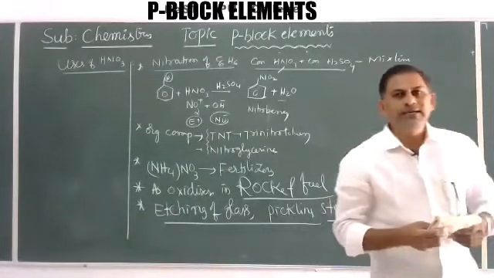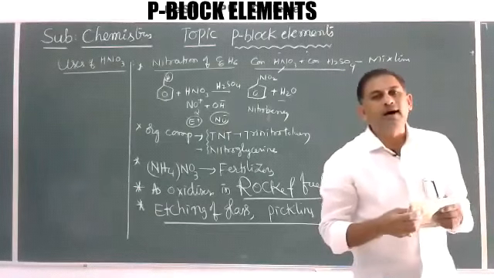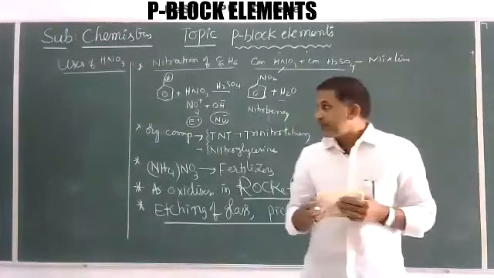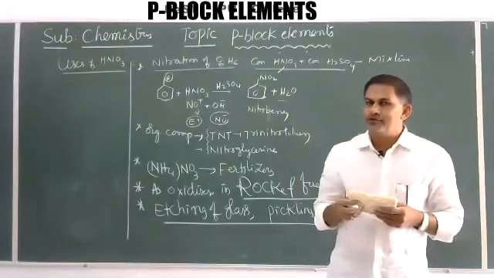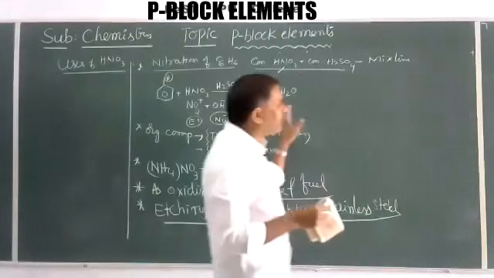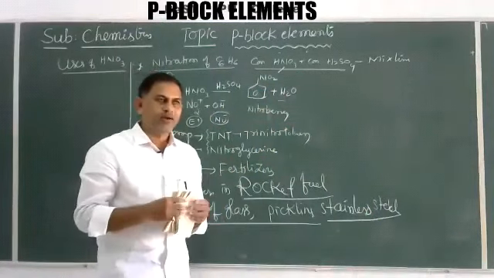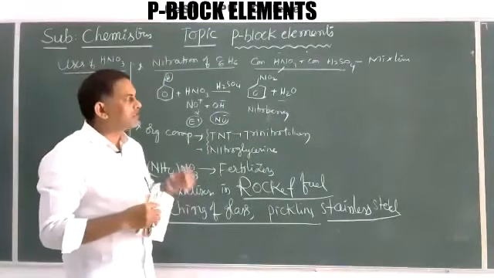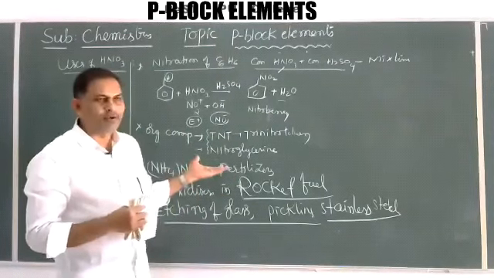So this is a complete explanation about nitrogen and its compounds in 15th group elements: nitrogen, phosphorus, two important elements. About nitrogen compounds clear: dinitrogen, ammonia, nitric acid, oxides of nitrogen, and some hydrides of nitrogen.